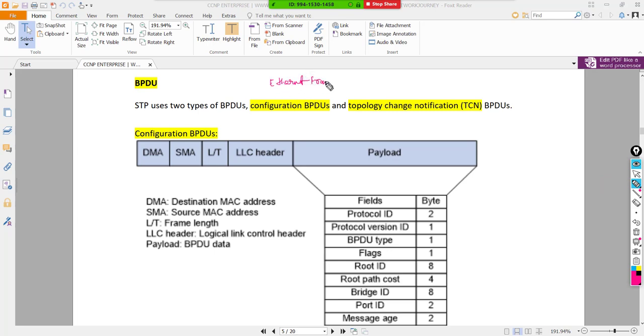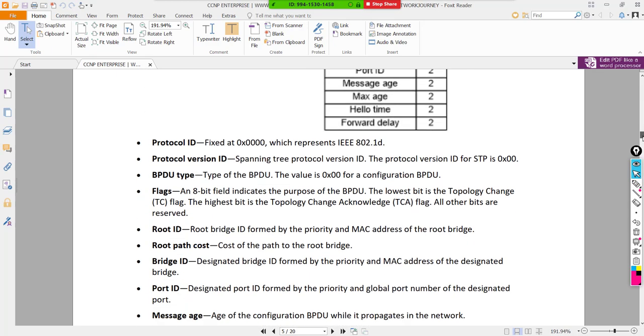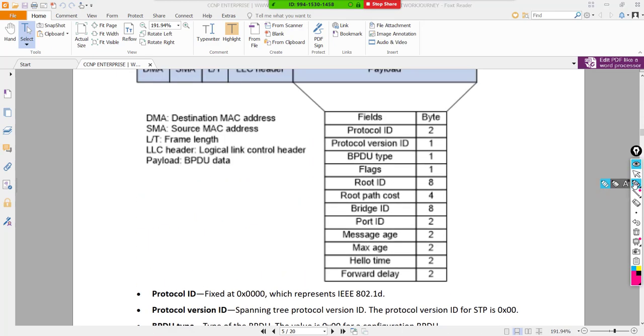Inside your Ethernet frame, the STP packet payload will contain the BPDU, which will carry all the information from one switch to another switch. Also, it will expect the information coming from a different switch to itself, so that they can calculate what is what.